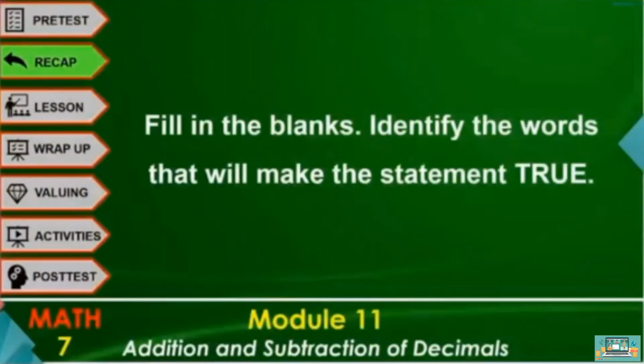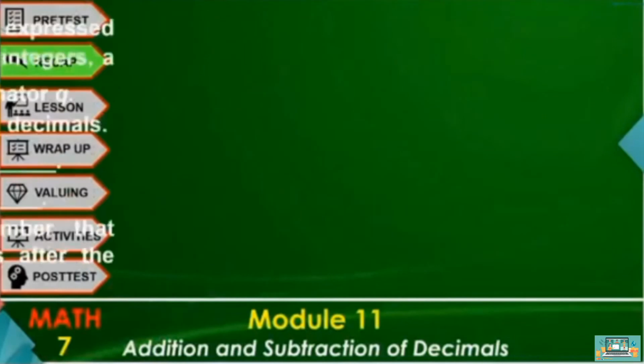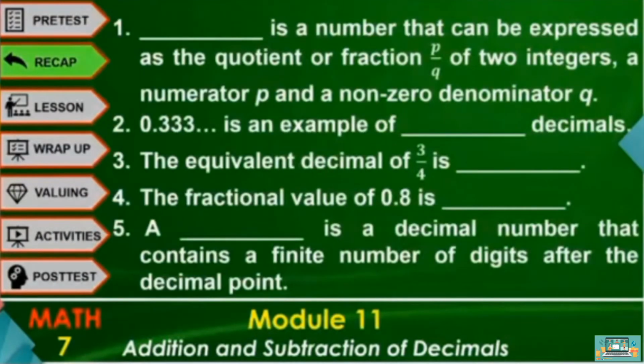Let's have a recap. Fill in the blanks. Identify the words that will make the statement true. Number 1. Blank is a number that can be expressed as the quotient or fraction P over Q of two integers, a numerator P and a non-zero denominator Q. Number 2.